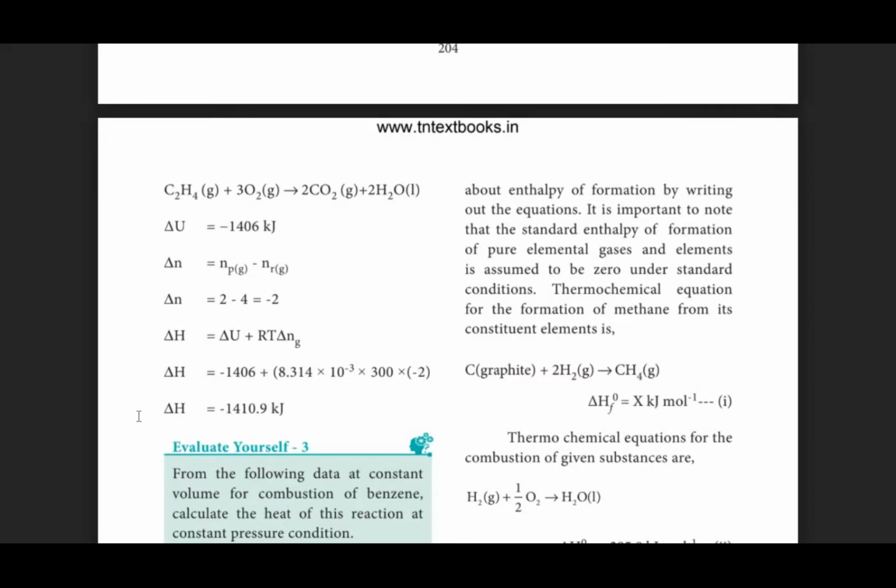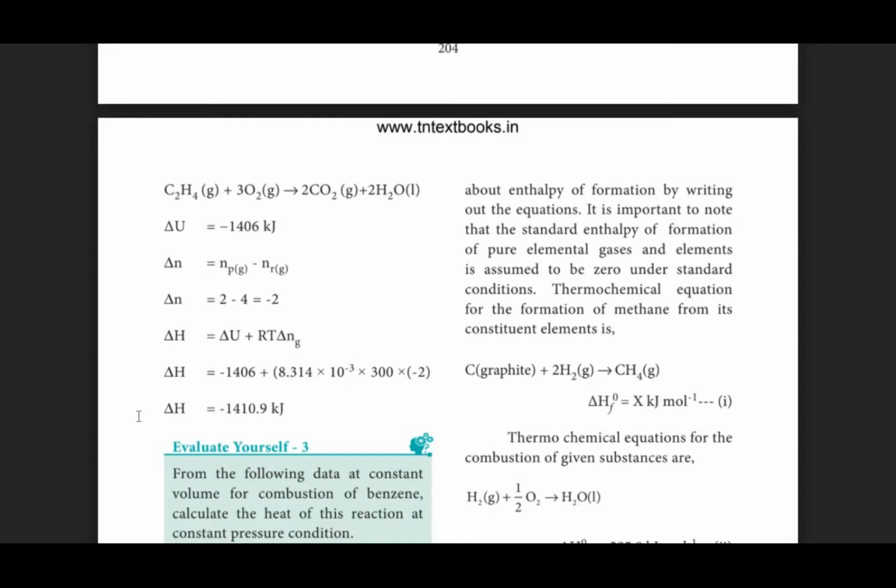Delta H is equal to delta U plus RT delta n g. Here g is mentioned as the difference in the number of molecules in the gaseous state. That's why we are not considering the water, because it is present in the liquid form.